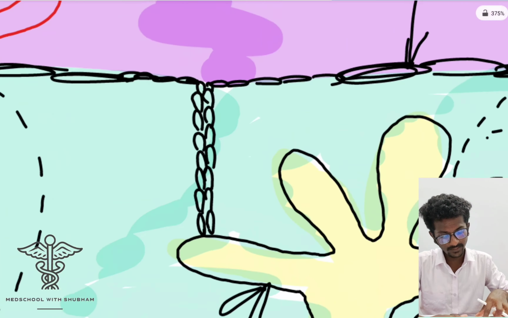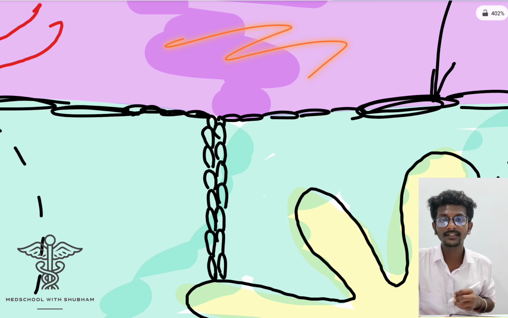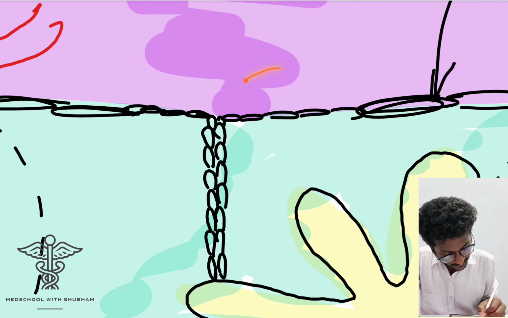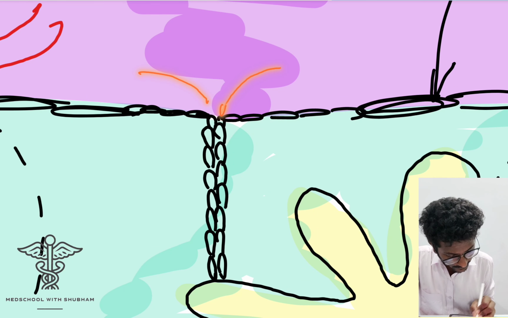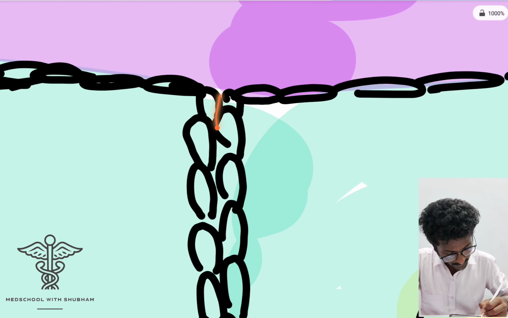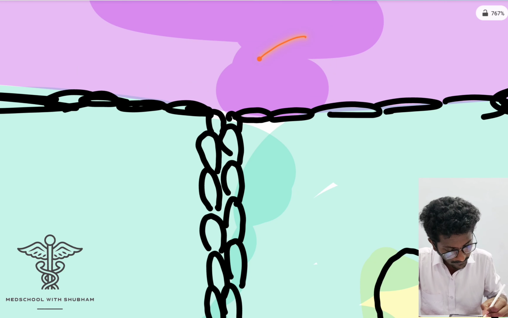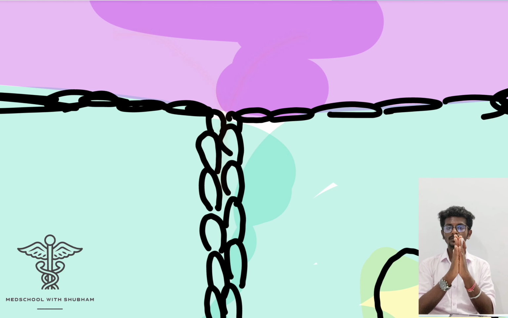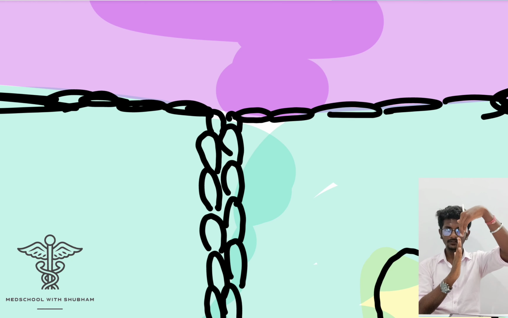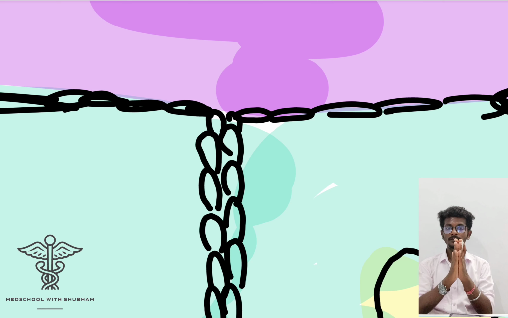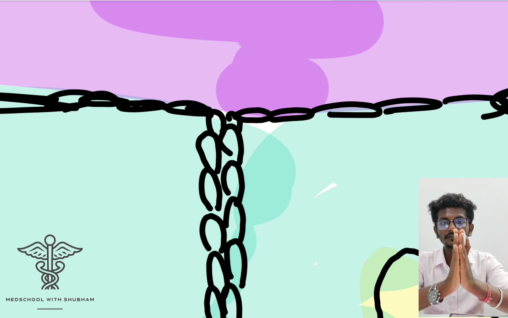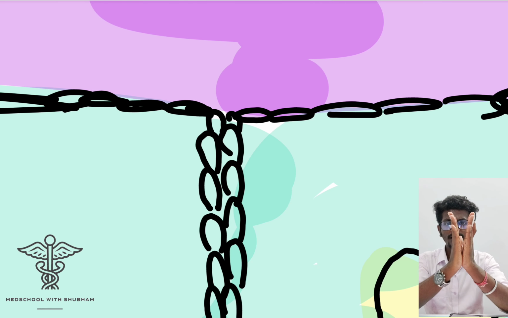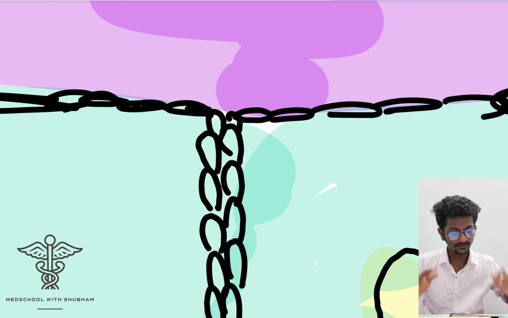Now what will happen in the next step? This is the decidua basalis. This decidua basalis will now try to invade inside between these two layers. So these were the two layers, and the decidua basalis tried to invade inside. When the invasion takes place, these two layers will start getting separated in this way.